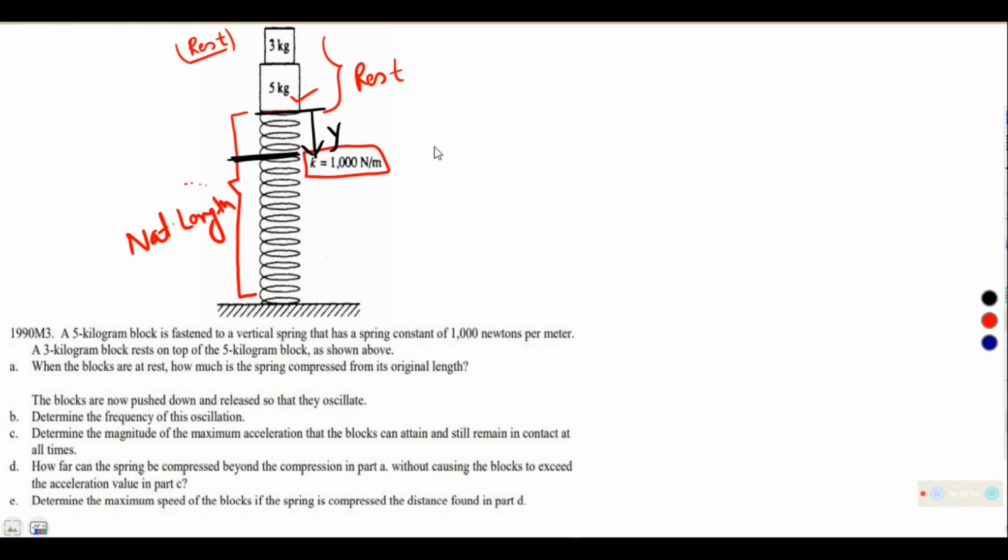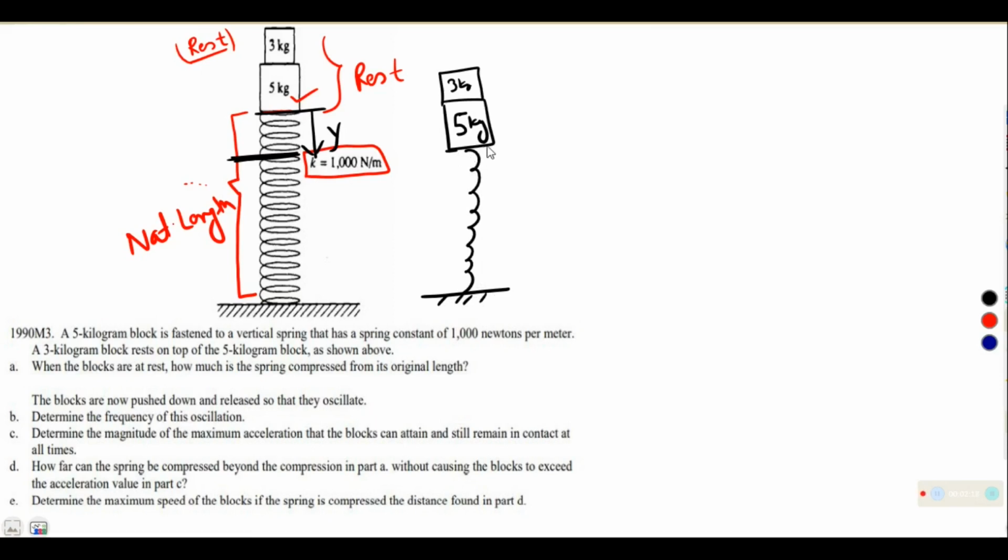So what will be at the equilibrium? At the equilibrium, net force will be equal to 0. Let us suppose this is the 5 kg block and this is the 3 kg block, and the spring is like this.